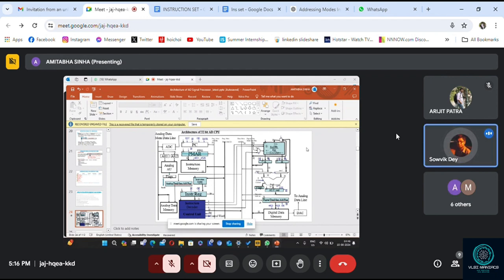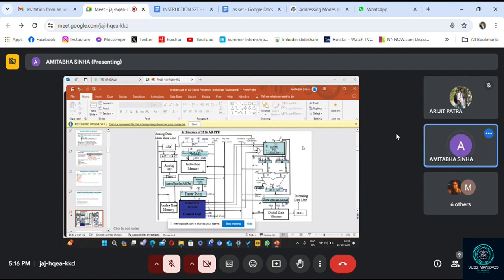I understand. The answer is the most significant 8 bits will be appended with 0, to make it 32-bit. Okay, sir.